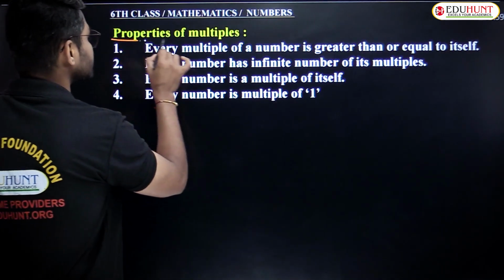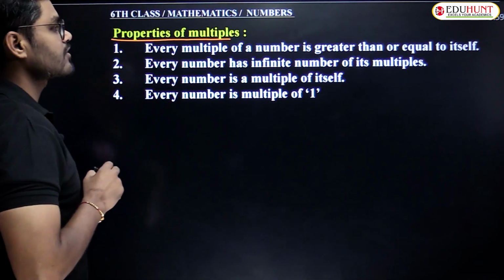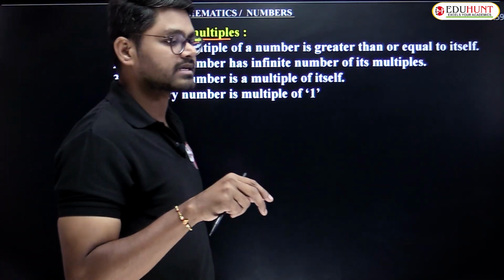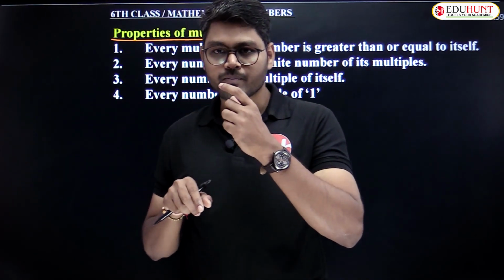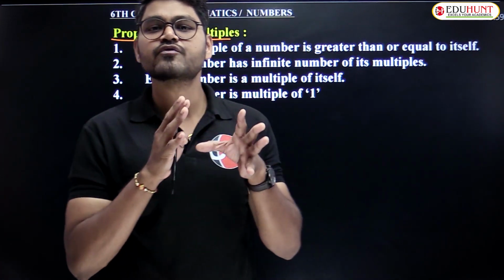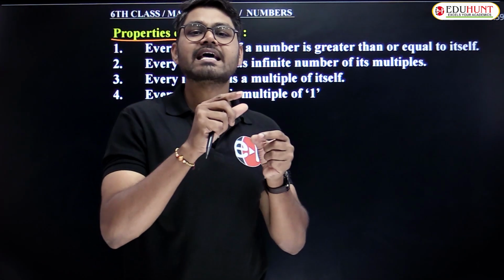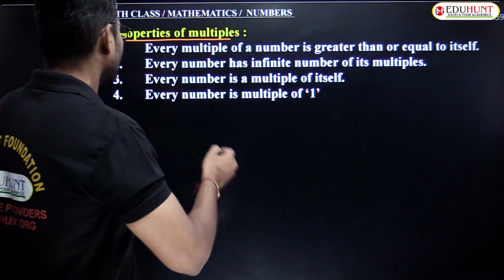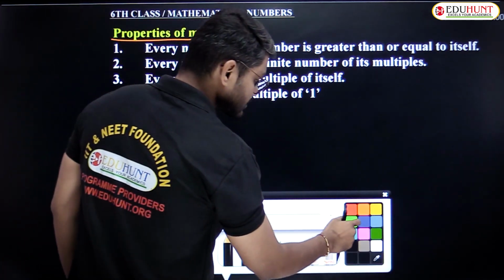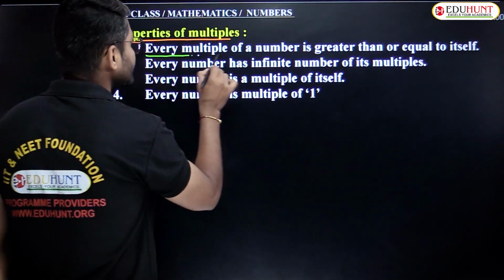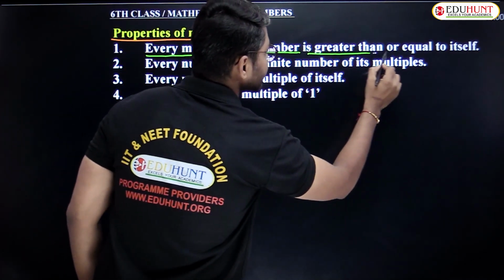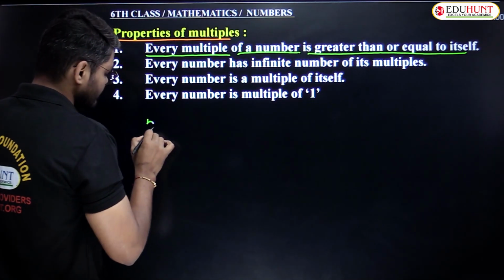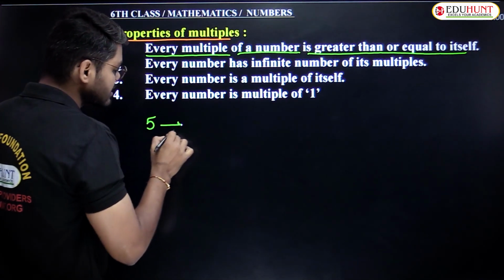Properties of multiples. Every multiple of a number is greater than or equal to itself. In factors, we learned that every factor is less than or equal to the given number. In multiples, every multiple of a number is greater than or equal to itself. For example, if I take 5, what are the multiples of 5?